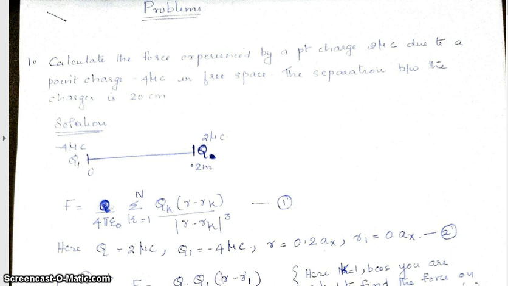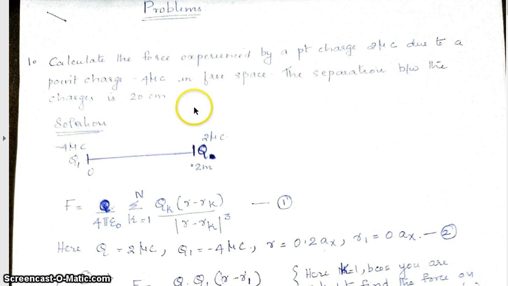Now here you are asked to find the force experienced by 2 microcoulomb due to minus 4 microcoulomb. So in this expression, Q will be taken as 2 microcoulomb and Qk will be taken as minus 4 microcoulomb.